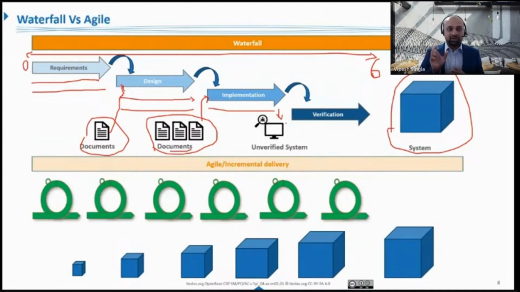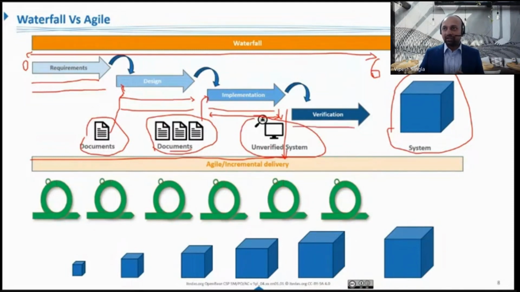Basically, quality assurance principles are not yet applied. By this time, we have spent another 1.5 months. So from here to here, we have already spent 4.5 months, and what we have got is an unverified system, which has never been tested for quality purposes.